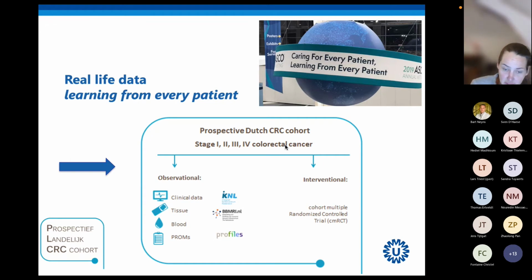Quality of life questionnaires are included, and many different intervention trials fall under PLCRC. So you already have the basic informed consent of PLCRC, and in your intervention trial, you only have to ask informed consent for the typical additional intervention trials. And you can also use PLCRC to select your patients for these trials.